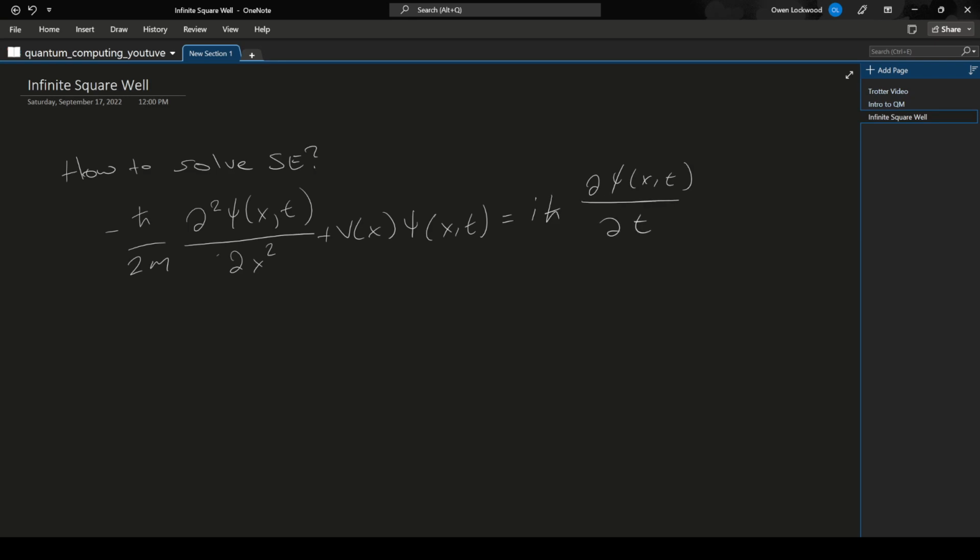All right, so how do we solve this? If I just handed you this equation and said solve for psi, the wave function, that's a tricky thing. However, we have a handy tool here, and that is the fact that V of x is time independent. The potential energy, this potential that this wave function is in, is independent of time. So it's constant.